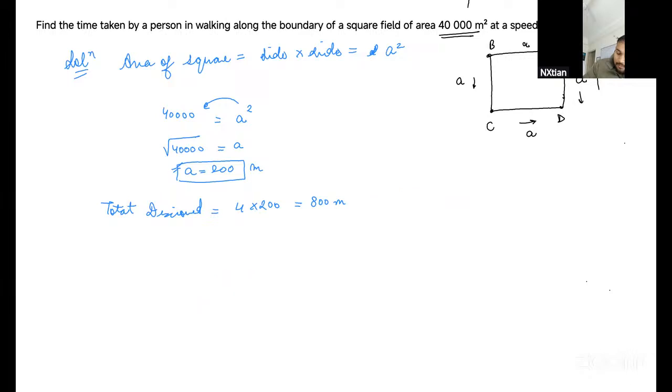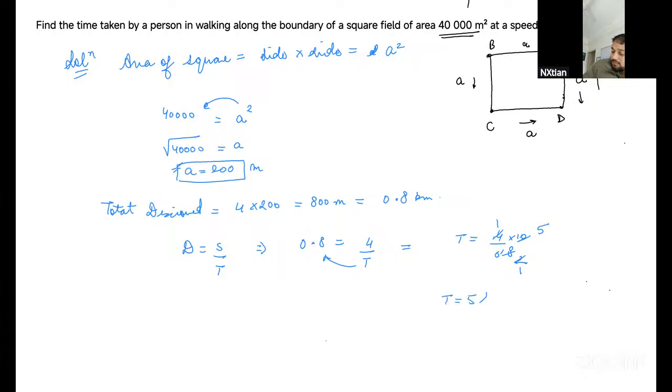Now we have to find the time. Distance is equal to speed upon time. Distance is given as 0.8, speed is given as 4. So time is equal to 4 upon 0.8. Now it will become 10, 1, 2, then 1, 5. That means he will take 5 hours.